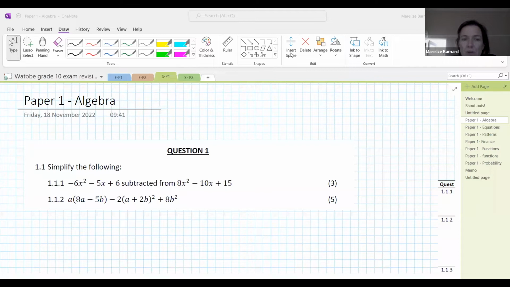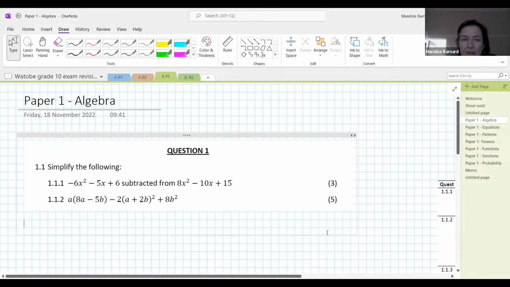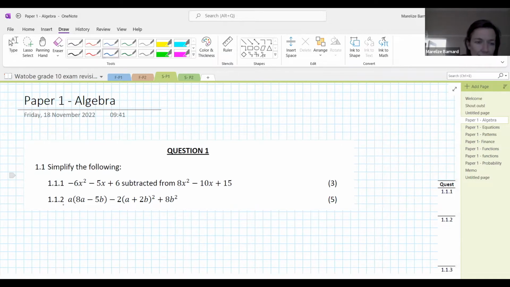Okay, so I've got 2 questions up there. And I think let's skip that first one because I think it is actually a bit of a grade 9 question. Let's do 1.1.2. Okay, so skip 1.1.1 and go right ahead to 1.1.2.